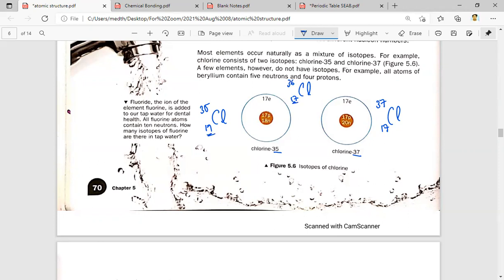You realize the proton number must always be the same, because the proton number tells you what element it is. So all 3 are atoms of chlorine. That's why the bottom number, the number of protons, must be the same. Then how do I indicate that they have different numbers of neutrons? I just change the nucleon number. So chlorine 35, chlorine 36, chlorine 37 are the various isotopes of chlorine.